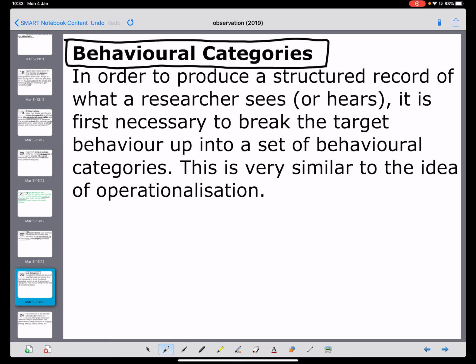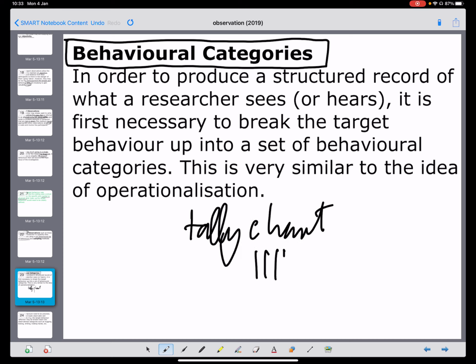And then she was able to break down the particular behaviour in terms of things like, are they actively seeking comfort, or do they ignore the mother? So we can see how behavioural categories simply help the observer to have a tally chart where they can tally how many times something happens, but you can't have a tally chart without a category.